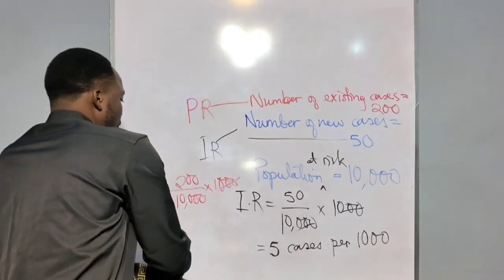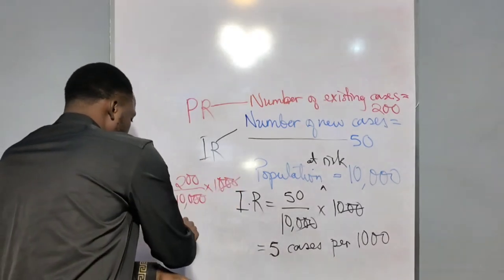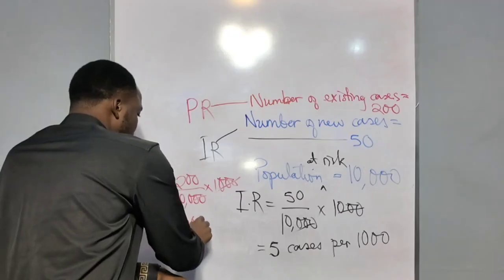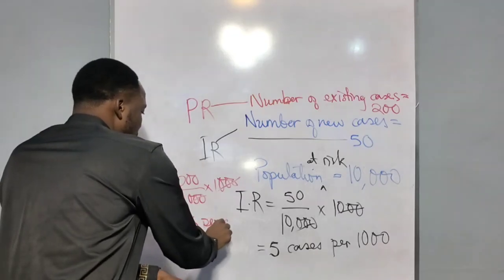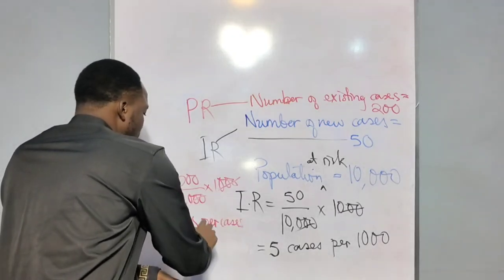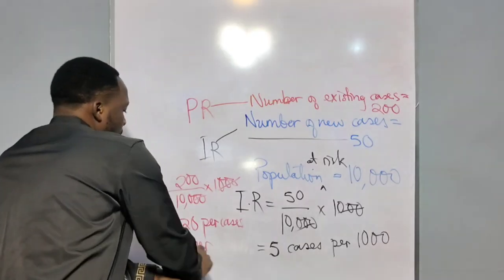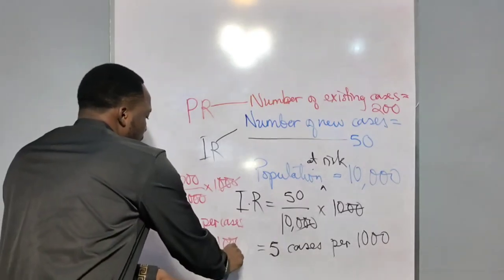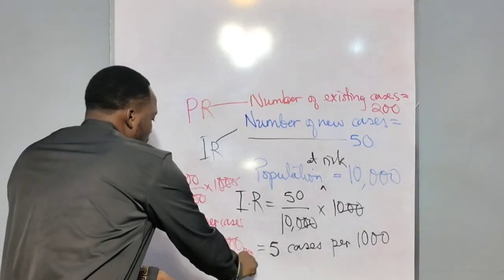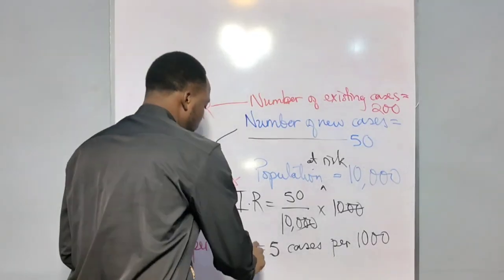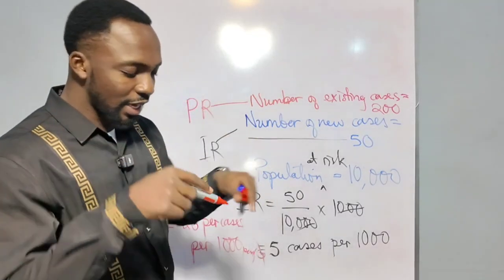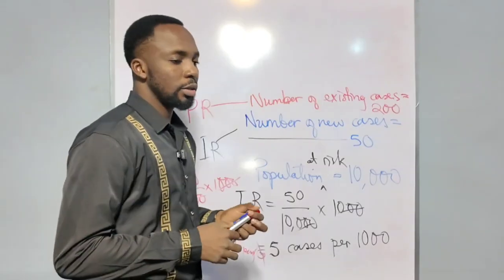So of course, this becomes 20. So we have a prevalence rate of 20 cases per 1,000 people at that particular or specific time.